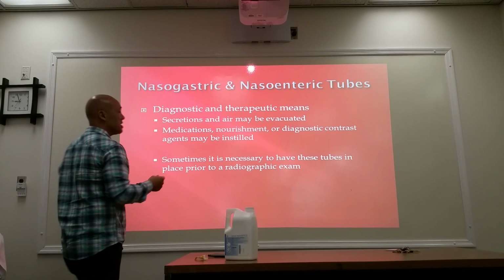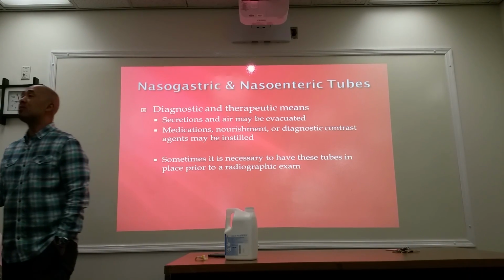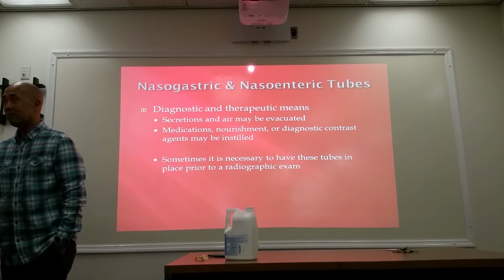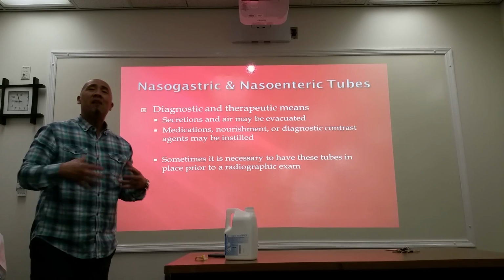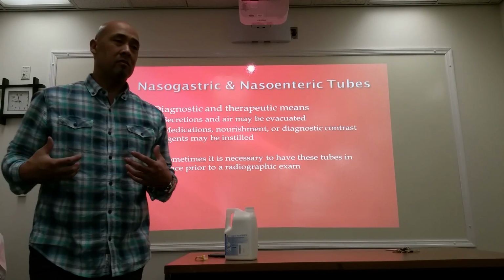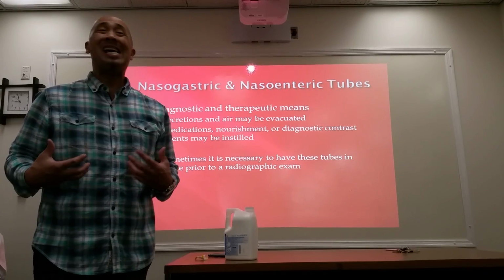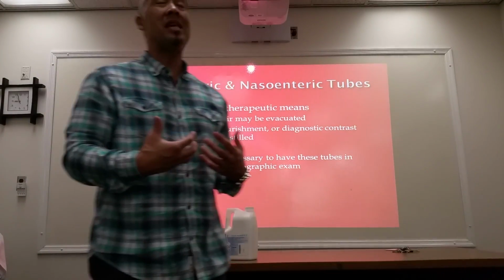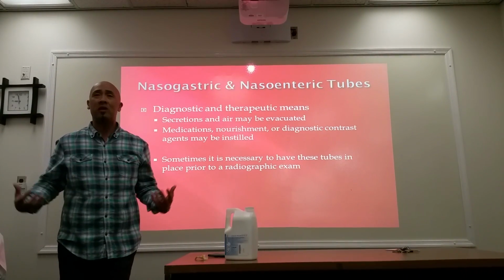The whole purpose of this tube is both for diagnostic and therapeutic means. When this tube is inserted, if they have an obstruction, if they've had surgery in their stomach or GI system, naturally what happens is in the healing process, your body becomes bloated.